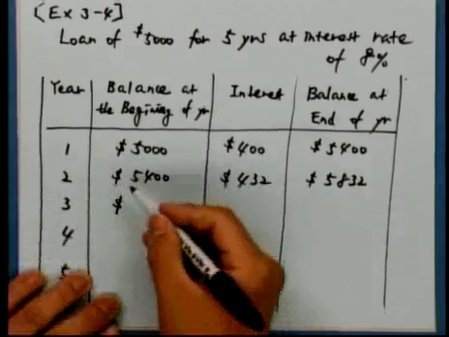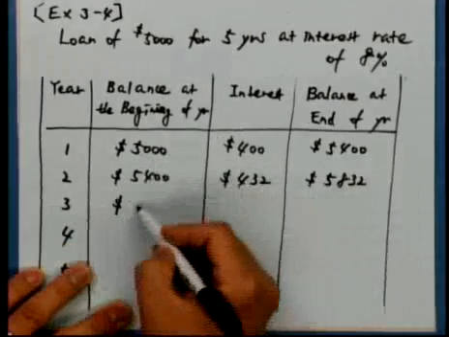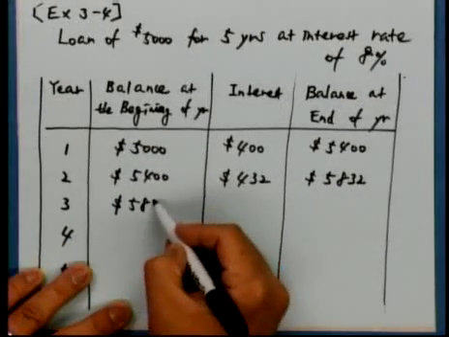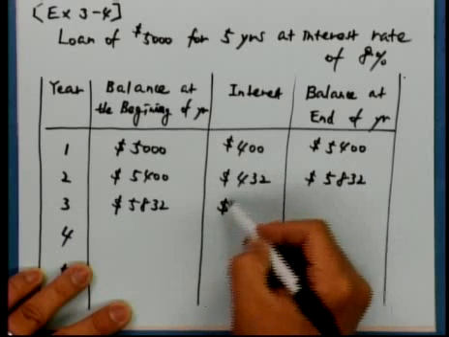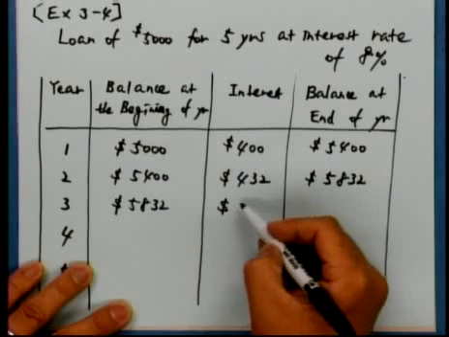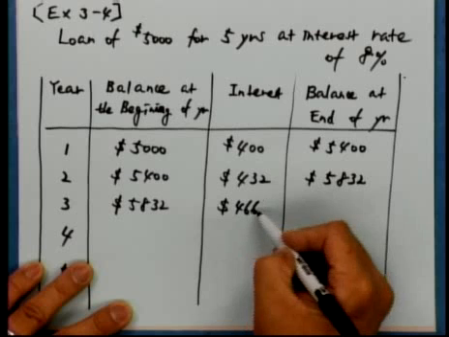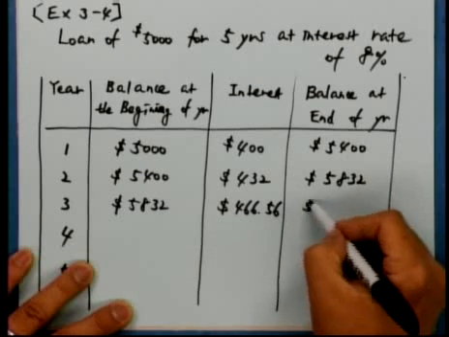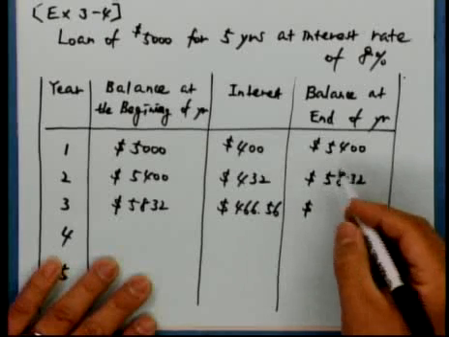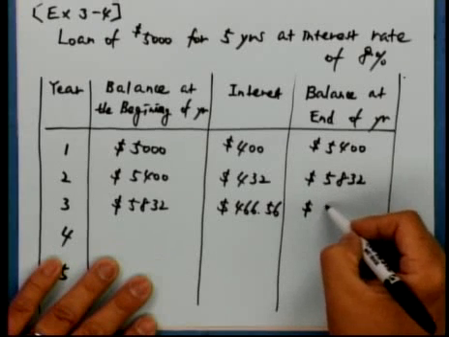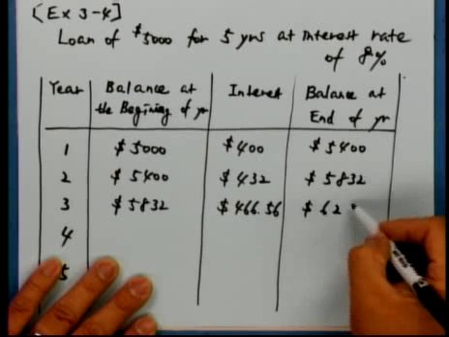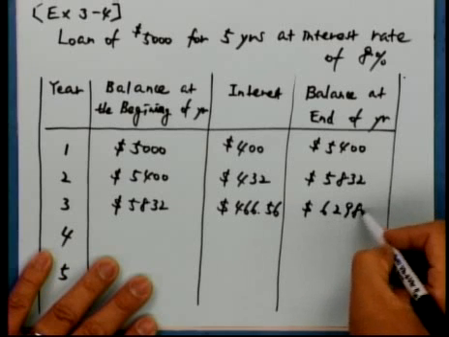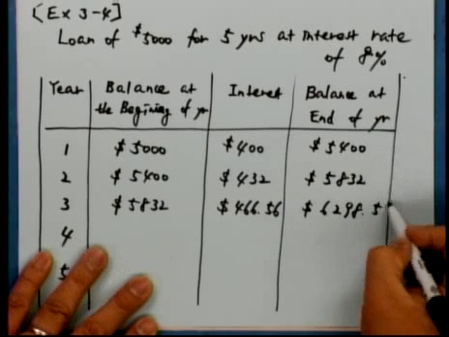So third year, starting from $5,832, the interest amount would be $466.56. So at the end of year number 3, the balance would be $6,298.56.